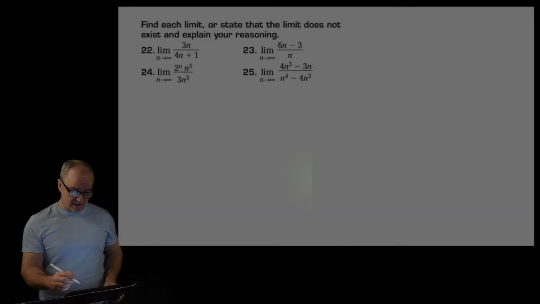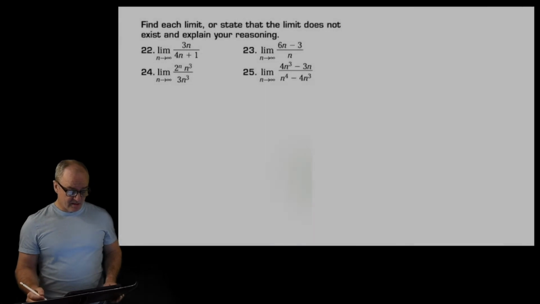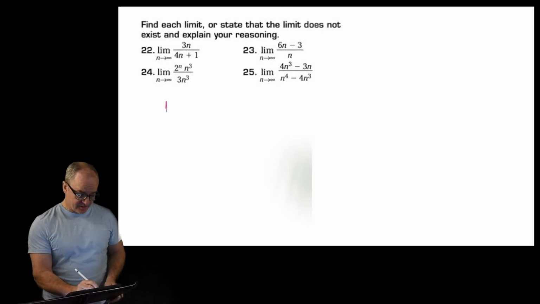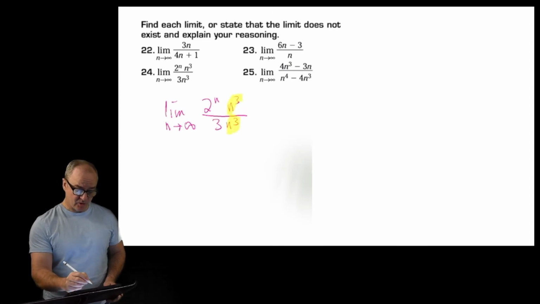Okay, so now we're back, and we're going to talk about number 24 on this page, which is a limit that Ellie wanted to work out, and I think I see why it might have been confusing. So the first thing I'm going to do is pull out our trick for polynomials, where you see that you have an n cubed top and bottom, and you'd really like them to go away.